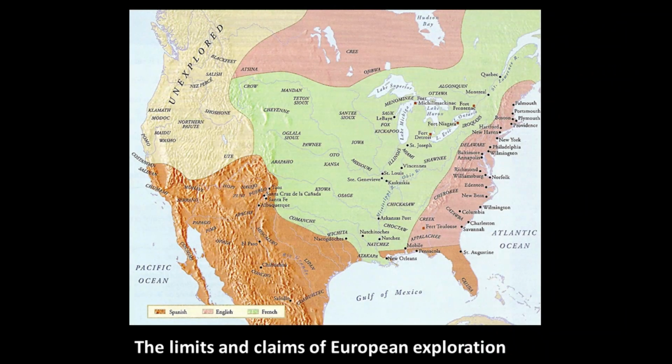But also, look what's happened to Native people, right? They're still there, but they're floating free, not really connected to any one area. And they have no borders in juxtaposition to these borders of supposed imperial control.